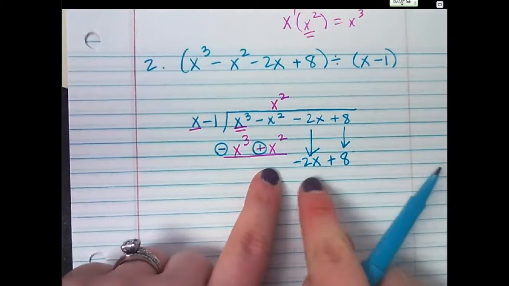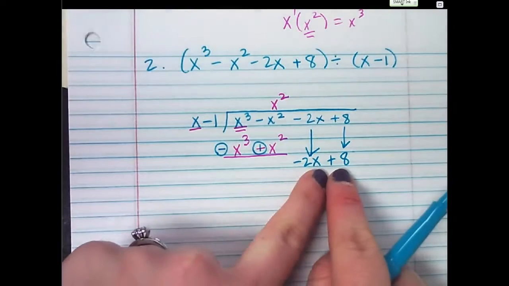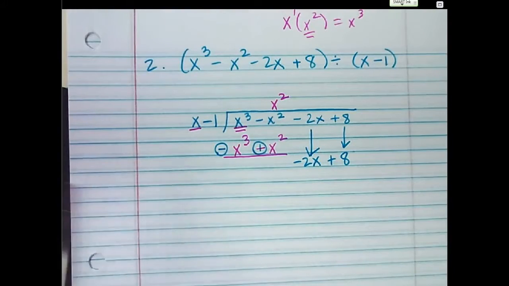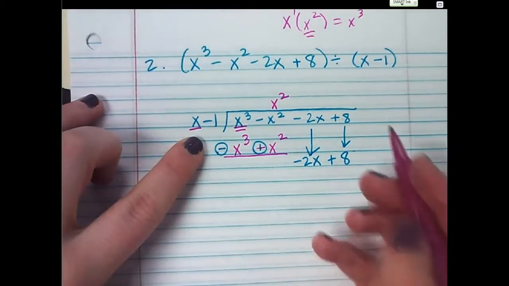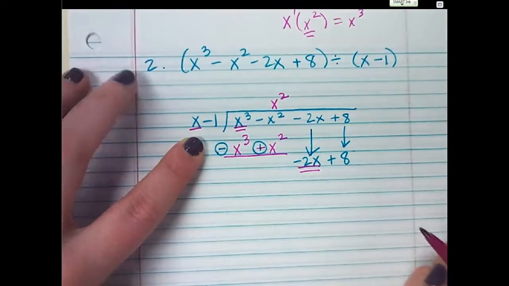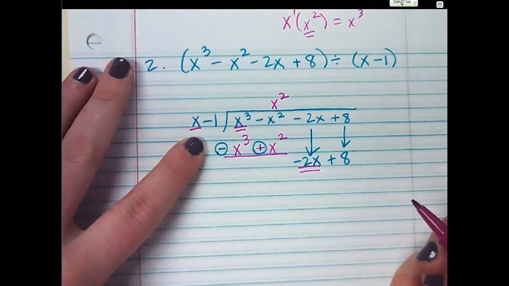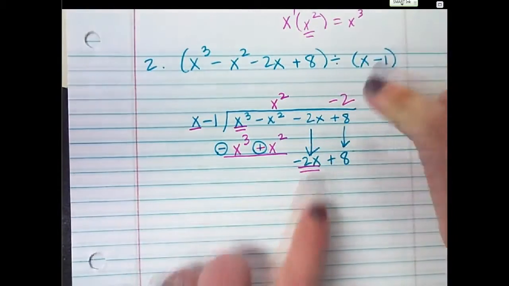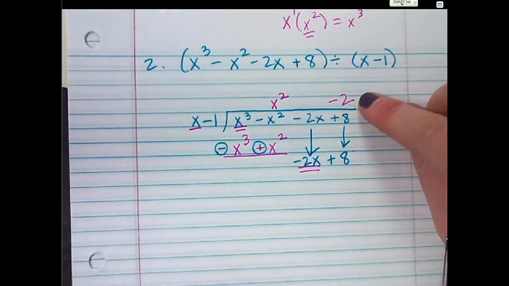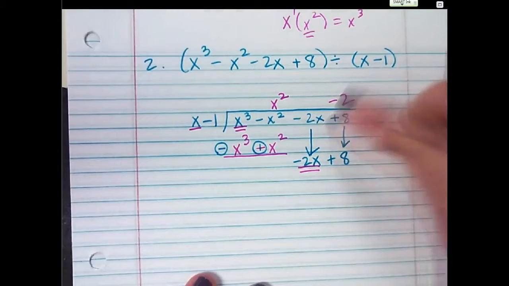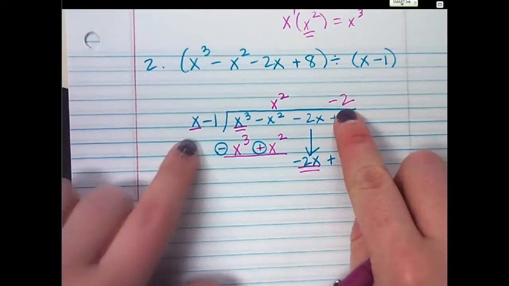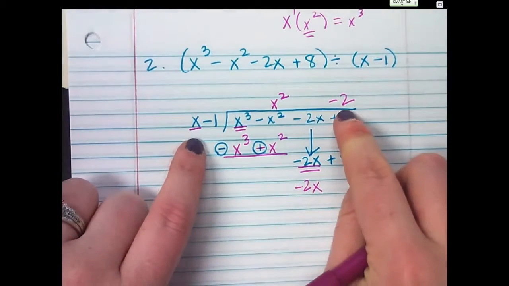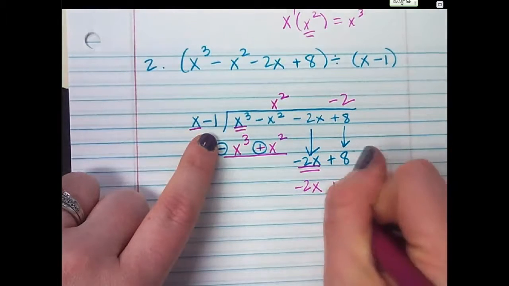Because normally we have something here and then I bring down 1 term. You always want at least 2. If there's 2 out here, you want 2 here. So now I do it again. What times x gives me negative 2x? Negative 2. Now, since it's negative 2, it doesn't have an x in it, I'm going to line it up over here. That way I know that I'm almost to the end here. Okay, I don't put it above the x. So multiply again. Negative 2 times x, negative 2x, and negative 2 times negative 1 is positive 2.